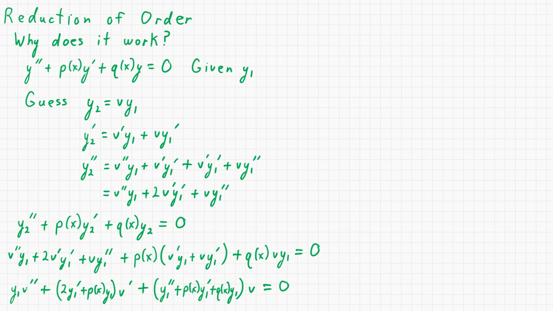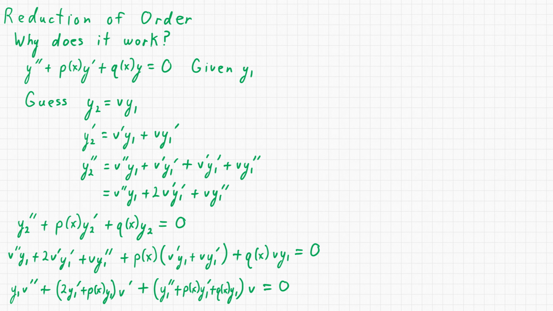Okay, that got a little scrunched there, but let's take a look. We have our y1 v double prime. We have our 2 y1 prime plus p of x y1 times v prime. We have our y1 double prime plus p of x times y1 prime plus q of x times y1, times v. So this term is supposed to disappear, and the reason it disappears is because this is essentially a copy of the left-hand side of the ODE when we plug in the homogeneous solution y1.